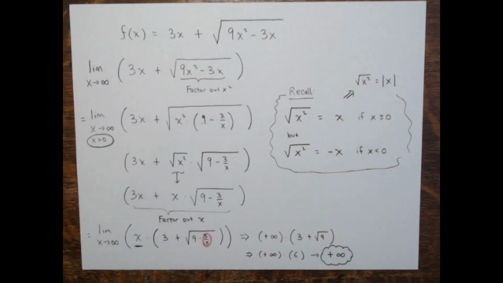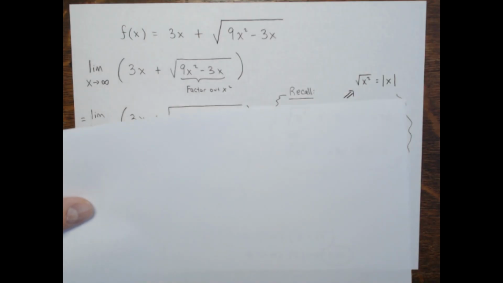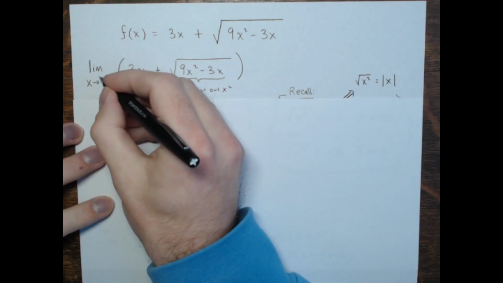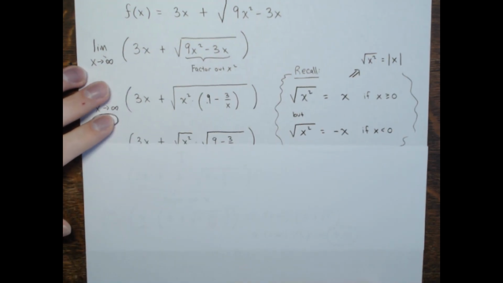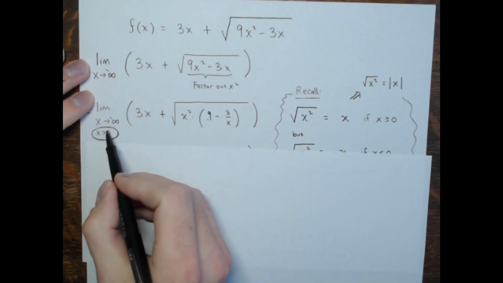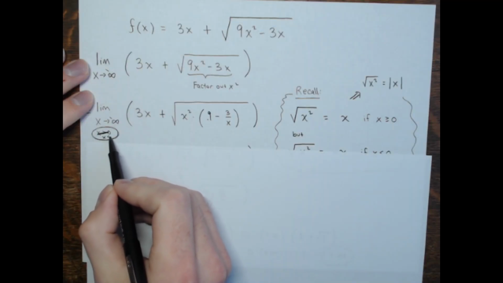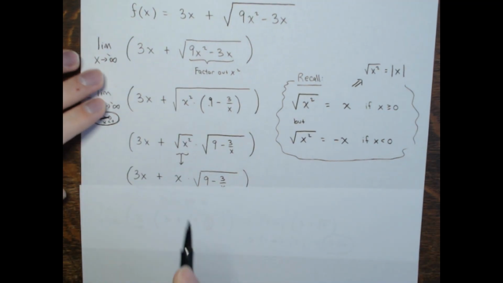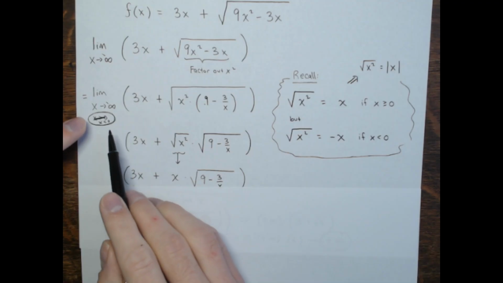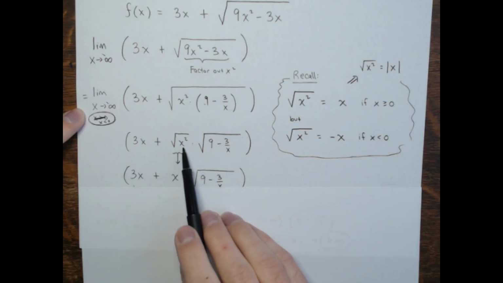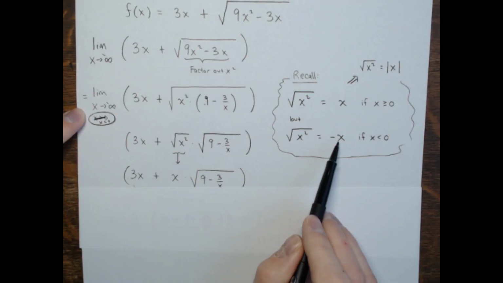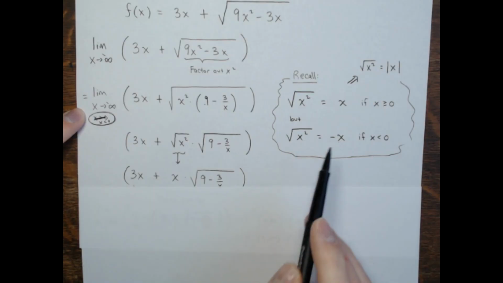Now, back here, if I were to do this again and take the limit as x approaches negative infinity, something not so nice is going to happen this time. Again, I would do all the same stuff. Now x is negative, and because x is negative this time, the square root of x squared would be the opposite of x to make it the positive root.